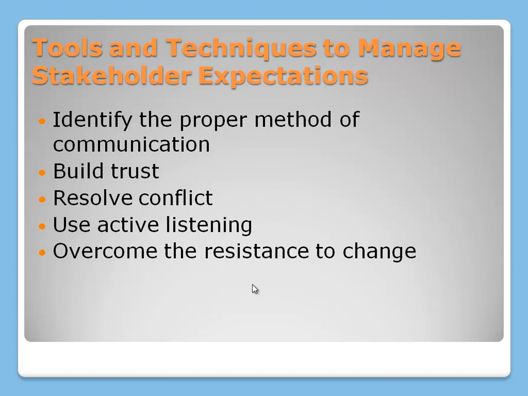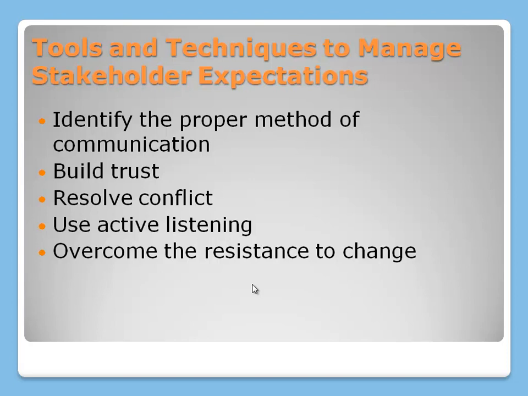The tools and techniques that we can use to manage stakeholder expectation is to identify the proper method of communication based on the stakeholder that we are dealing with, whether it's a supplier, an organization, or a customer. So we need to know the proper method for the proper stakeholder. And then we build trust between the two parties of communication.